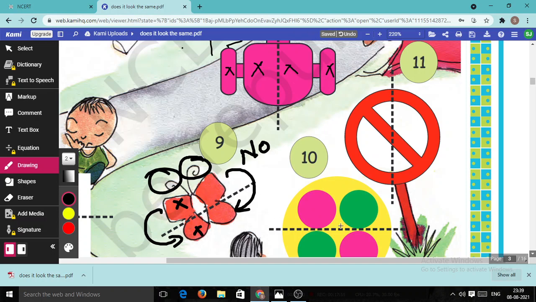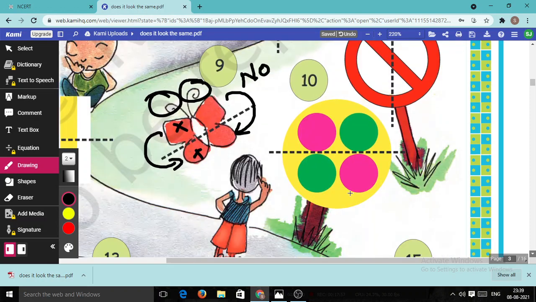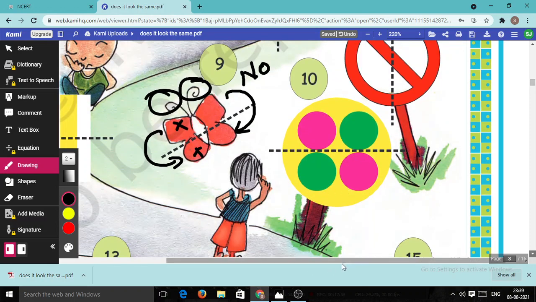Clearly, figure number 10 also, look at this figure carefully. What we have studied, color and size is also equal. So if it is divided from here, the purple color will match with green color and green color with purple color. These two colors are different and match with different color.